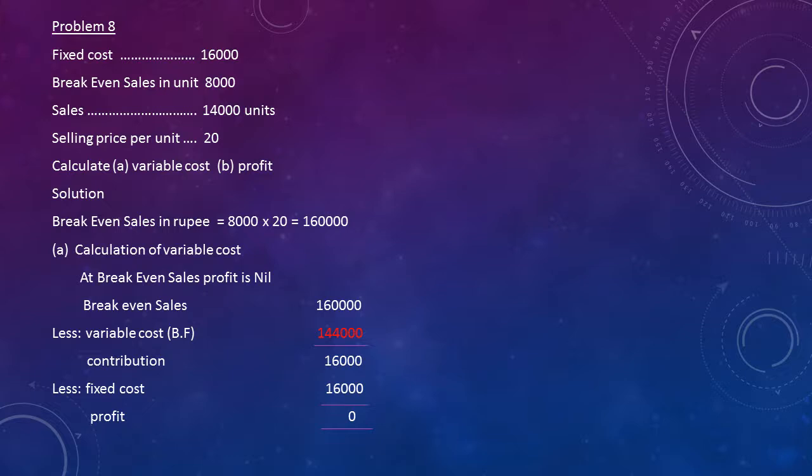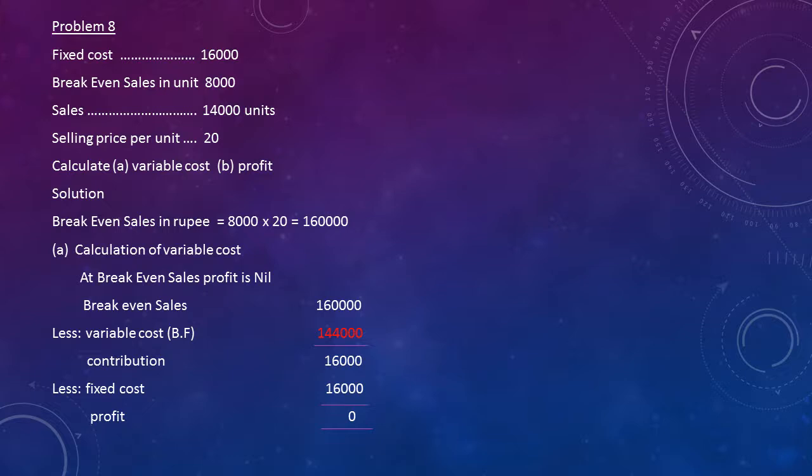Profit is zero because we are asked to calculate variable cost at the time of break-even sales, so contribution will be 16,000. If you want to calculate contribution when fixed cost and profit are given, it is very easy, because you can just add fixed cost and profit, and it will give the contribution.